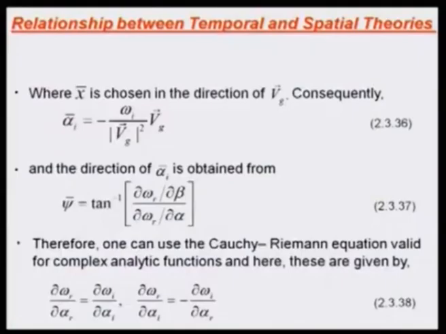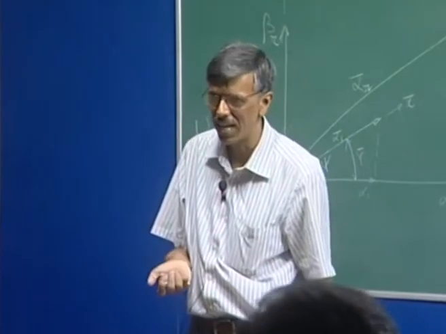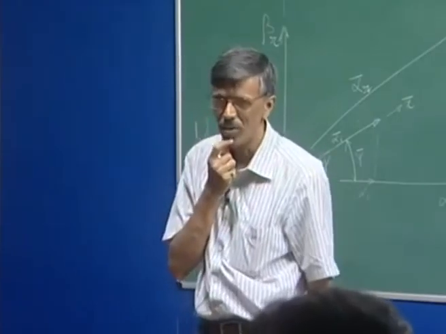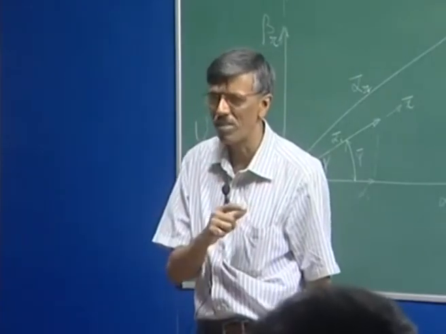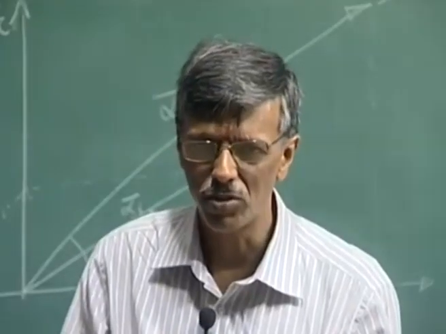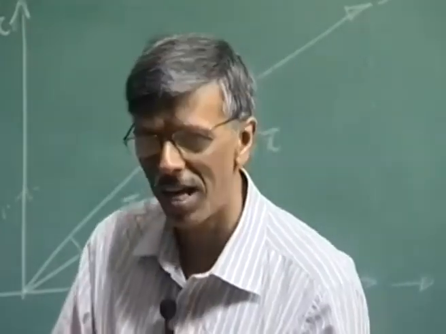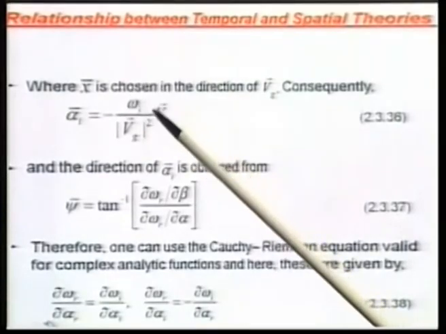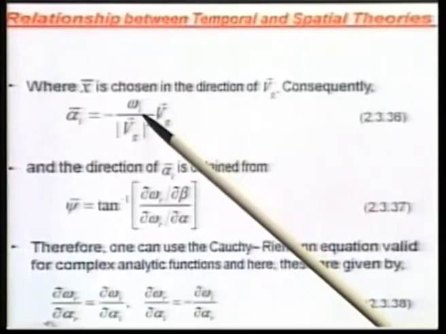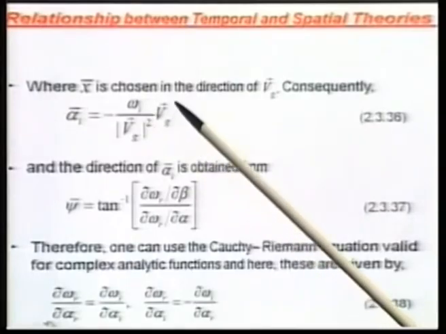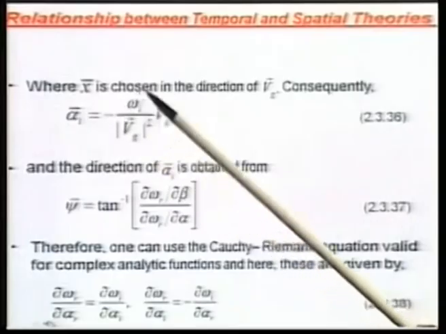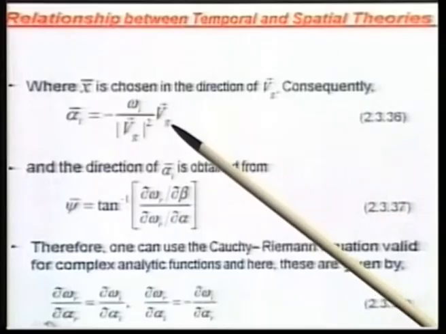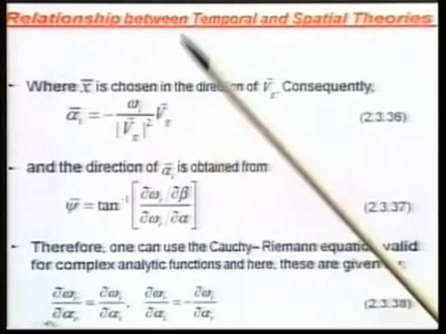This is something arrived at heuristically by Schlichting. Temporal calculations are easier to make compared to spatial, and he was doing temporal calculation, so he was basically analytically or numerically obtaining omega i. But if you know the group velocity, then you can convert that temporal growth rate into spatial growth rate. This is what the implication of this equation is.